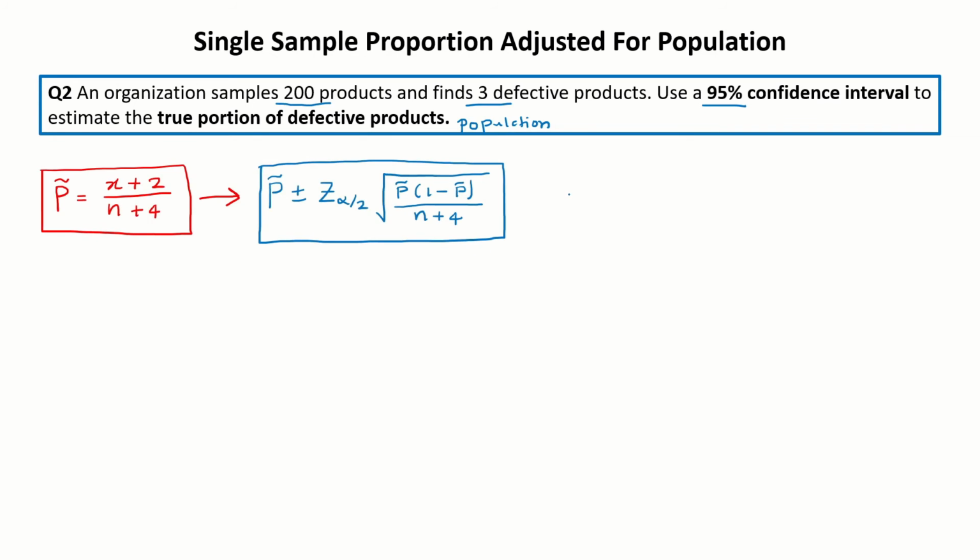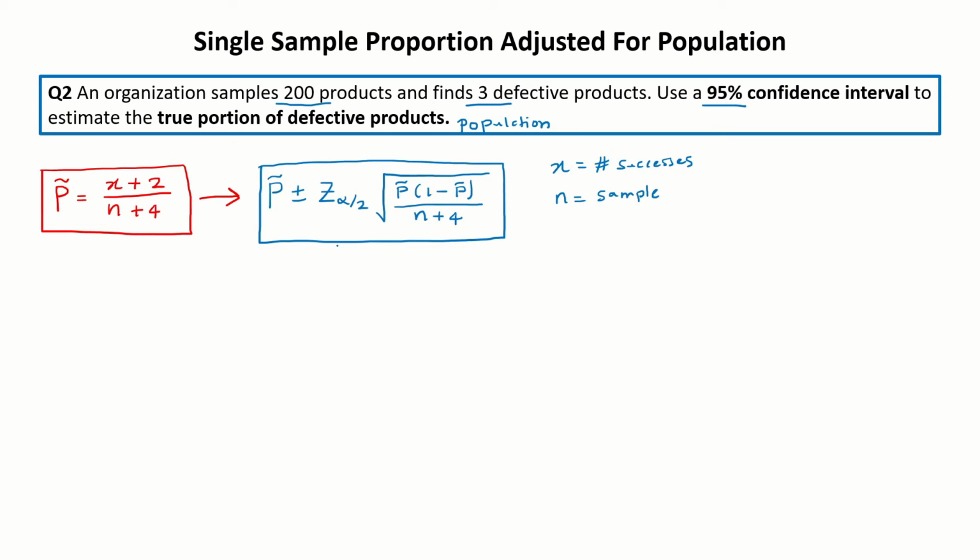So the equation we would be using is this. p hat is now x plus 2 over n plus 4. Again, x is the number of successes and n would be the sample size. And p hat of course is the proportion.